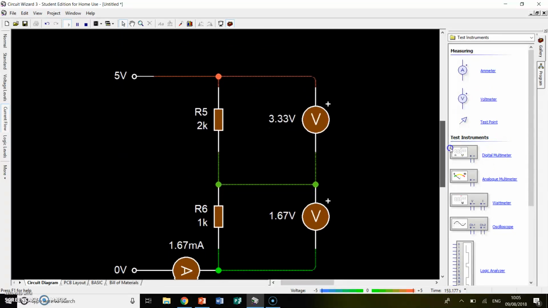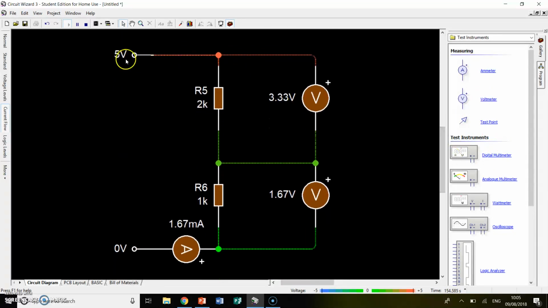Okay, now I'm going to move down. Look at the next one. Now on this one we've still got 5 volts. We've now got 3K in total, which gives us a different current. We've got 2K on the top resistor, 1K on the bottom resistor, and you'll see our voltages across each resistor have changed. Now if you want to do a little bit of maths, what you'll find is that because this is twice the size of this, the voltage across it is twice the size.